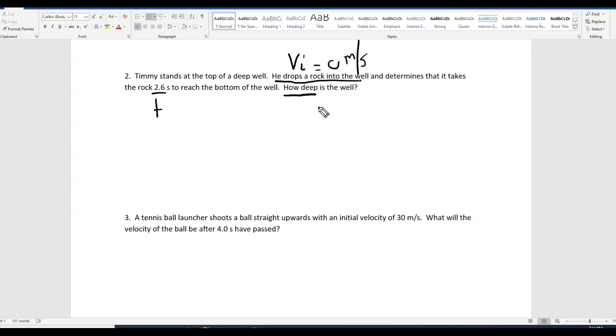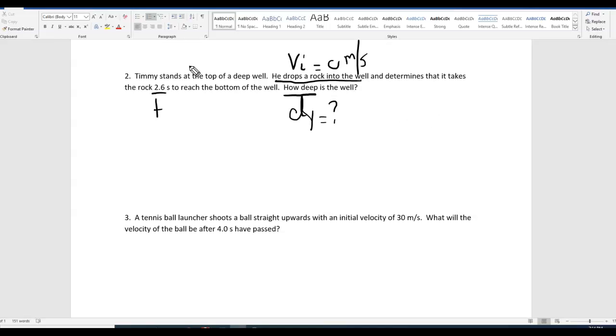Okay, so questions about how high or how deep or how far are always questions about displacement. Okay, so we're looking for dy essentially. Okay, now you can argue whether or not, how deep should the answer be, positive or negative. It doesn't really matter as long as you do it correctly.